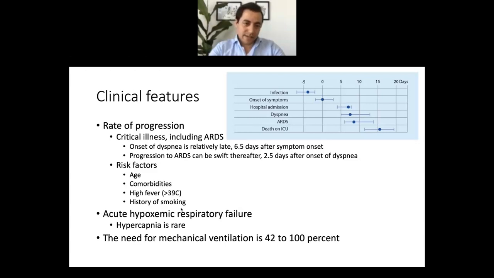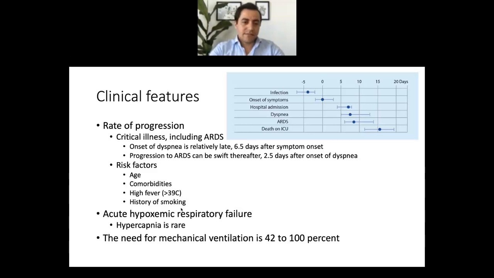Another predictor is a history of smoking or pulmonary diseases, such as asthma and COPD. And if the patient presents with a high fever above 39 Celsius, he also has a high risk of ending up in the ICU and on a mechanical ventilator.